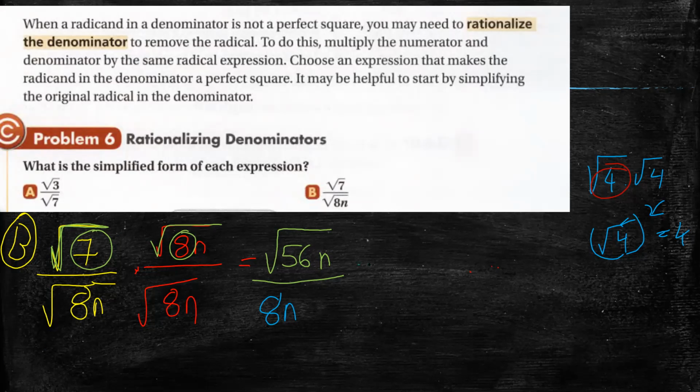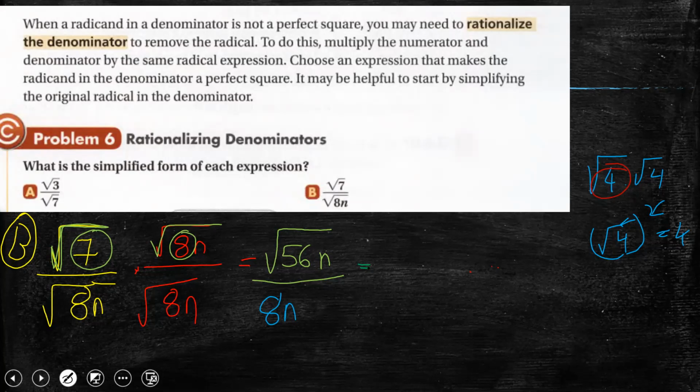Now here we have, as you see, but I didn't stop here. Do you know why? Look at the numerator. The number under the root in the numerator is not a prime number or a product of two prime numbers. It's 56. Look at 56. Is it a prime number?